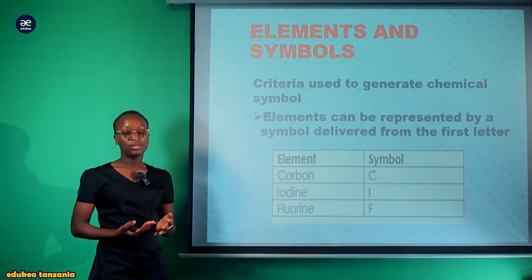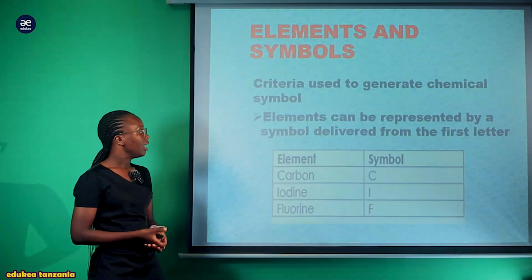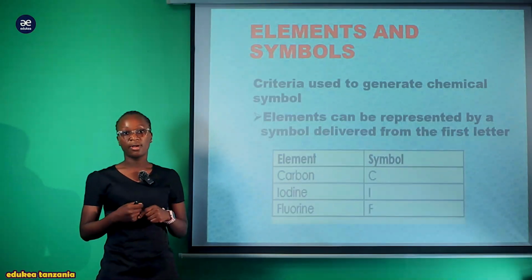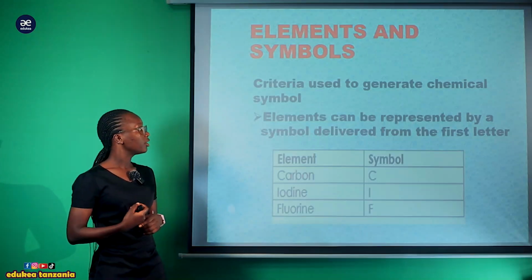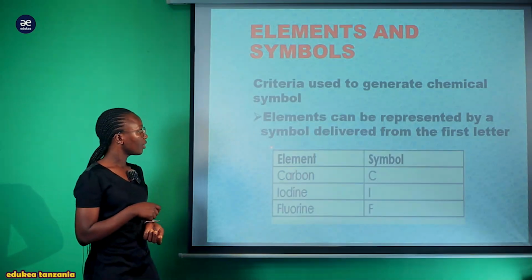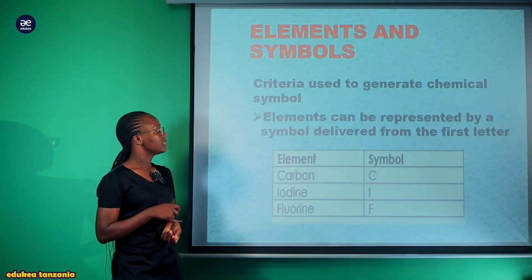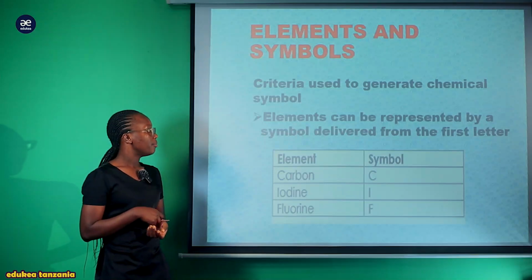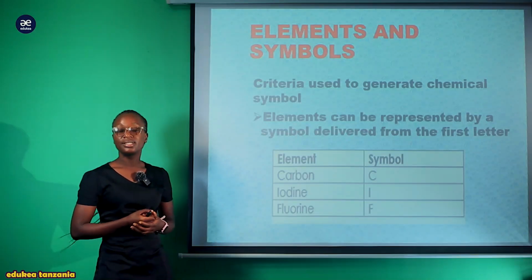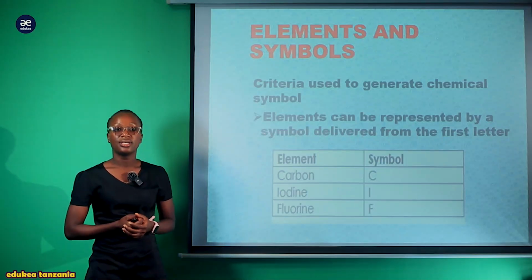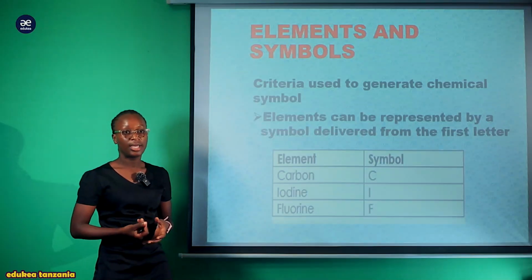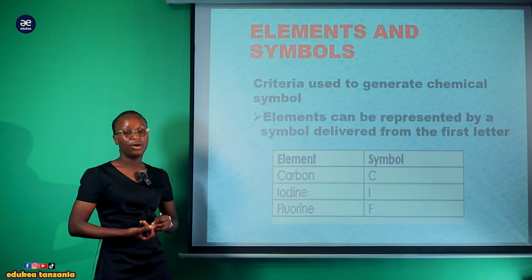Lakini hapa tunaenda kuangalia vigezo ambavyo tutavitumia sasa ili kuweza kugenerate the chemical symbol. The first criterion is that elements can be represented by a symbol derived from the first letter. Hapa tunaangalia this is our element. The first letter can be the symbol for this element.